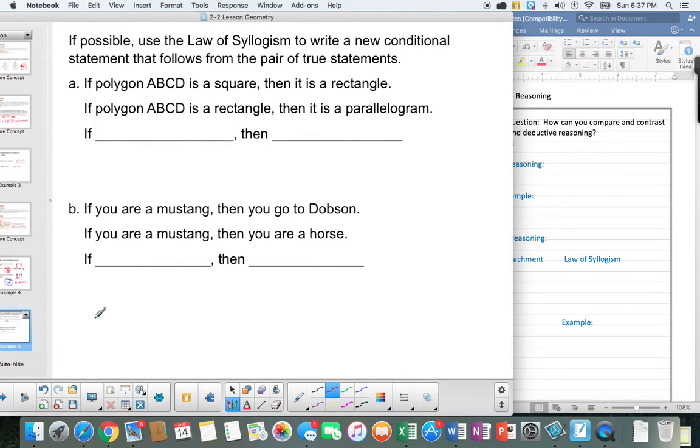Let's take a look at the law of syllogism, that chain of reasoning. Okay, and here is something like P implies Q, where P is the square words and Q is the rectangle words.